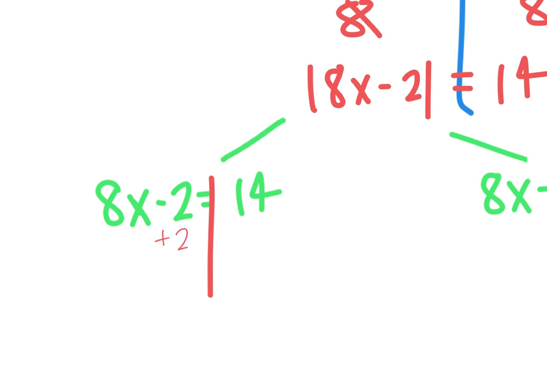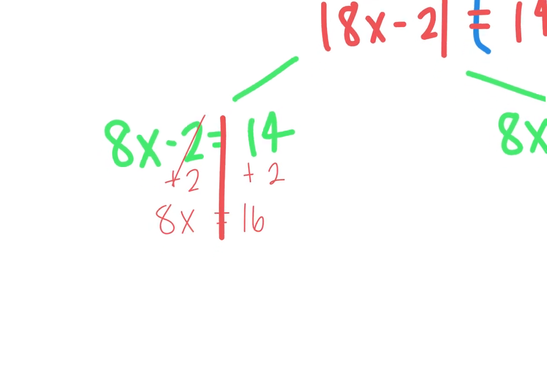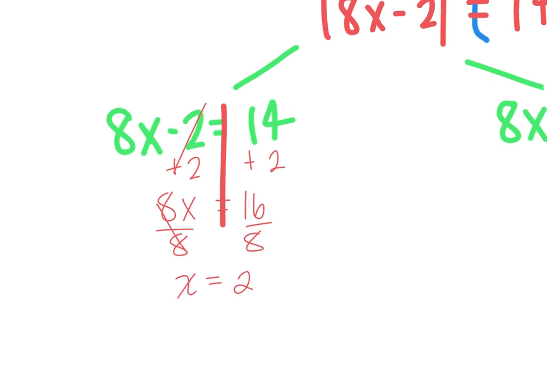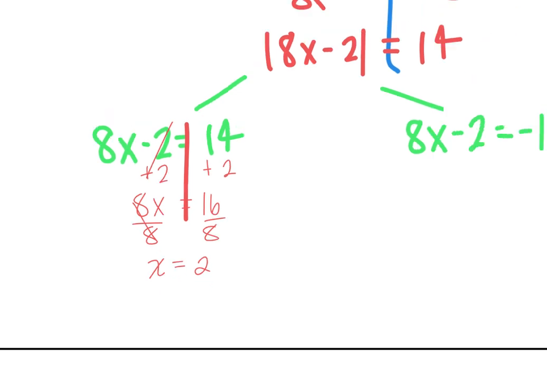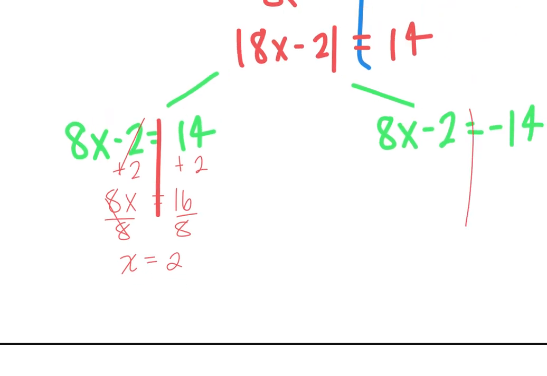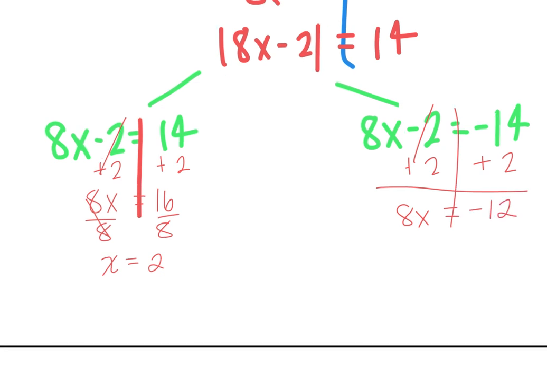So we're going to add 2. 8x is equal to 16. Then we divide by the 8, leaving me with one of my solutions: x is 2. And then on the other side, I add the 2. 8x is equal to negative 12.